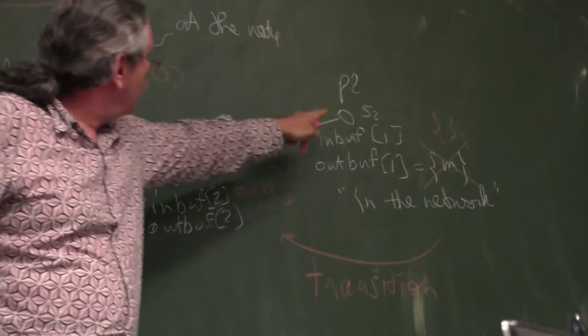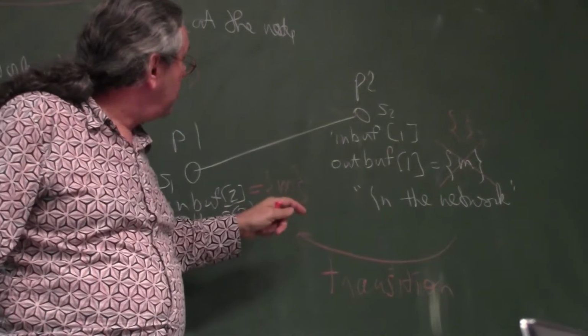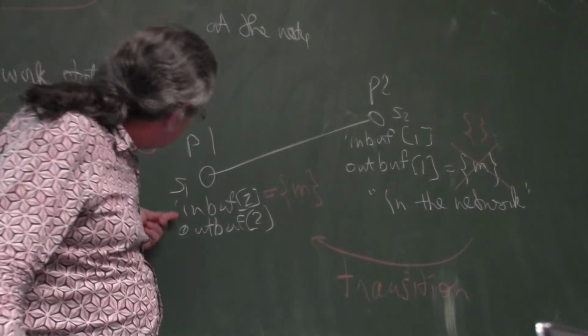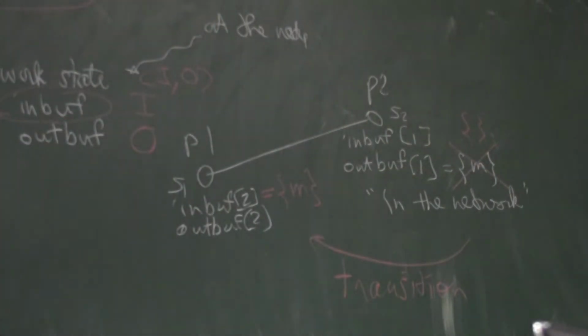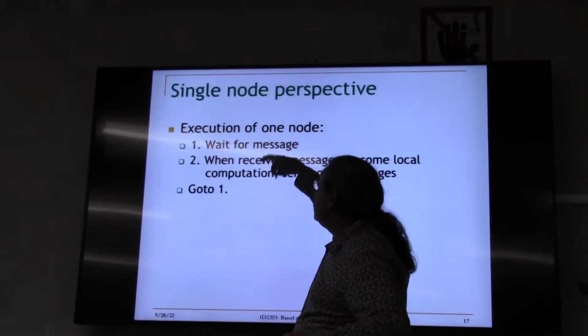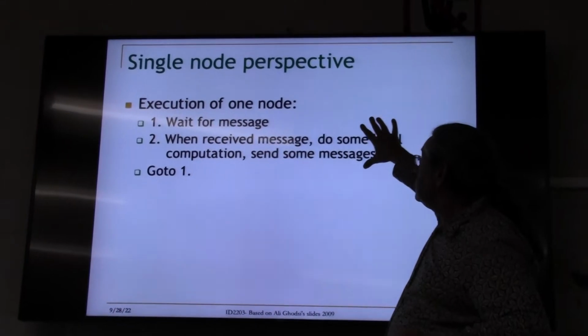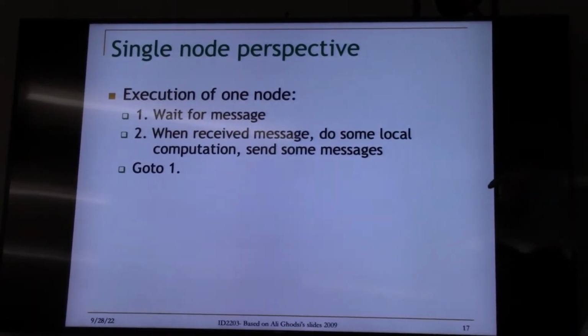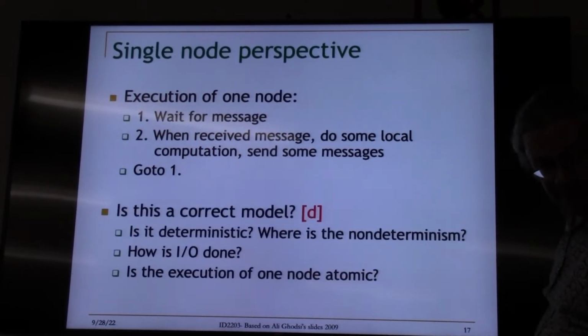The state will change, and it might send on the out-buff. So that's how it works. And it just loops. So the single node in this model is like a sequential machine. It's looping like this.